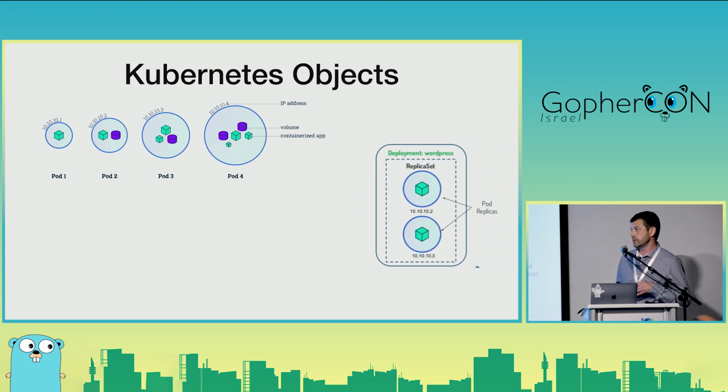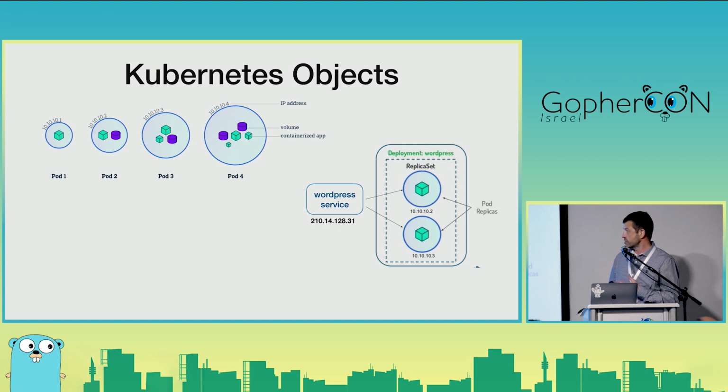You can run this pod in multiple replicas, multiple copies of the same pod distributed across multiple machines, in something that was previously called a replica set and is now called a deployment. So you can define the deployment, which defines your pod and the number of replicas you would like to have.